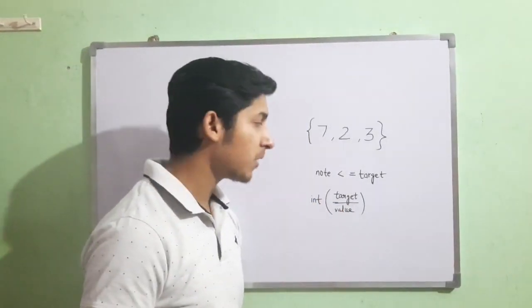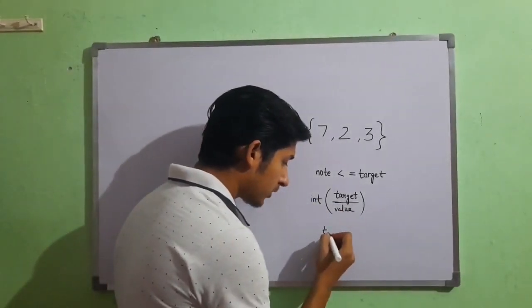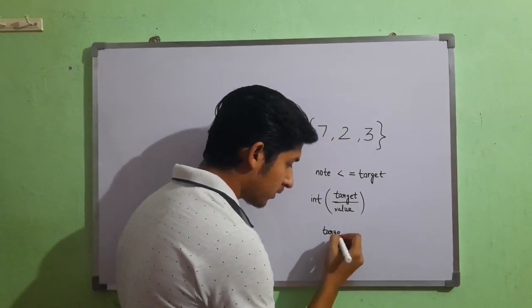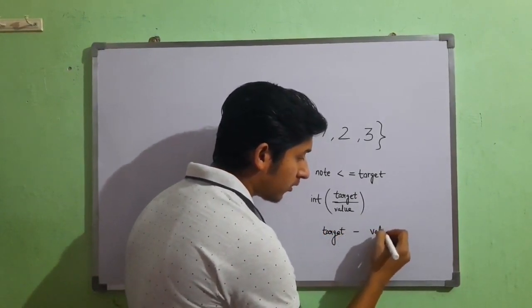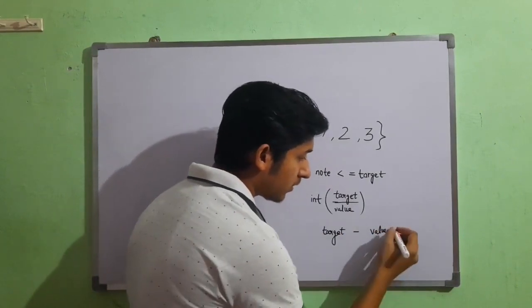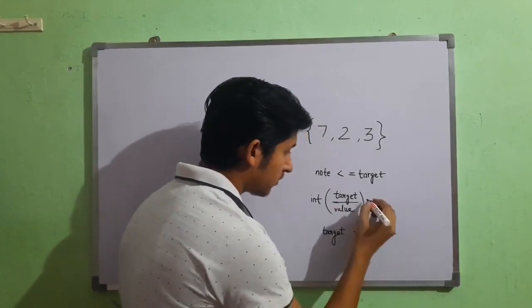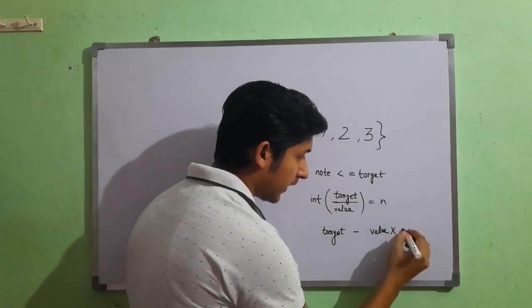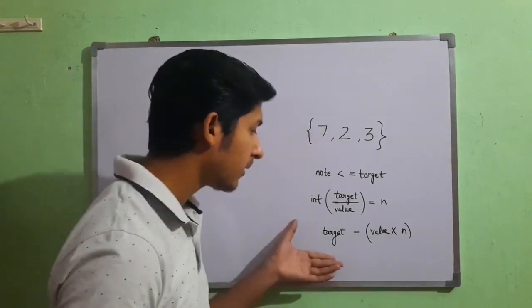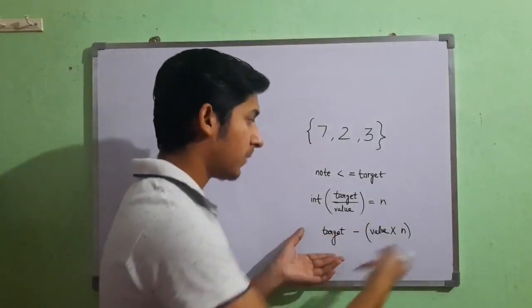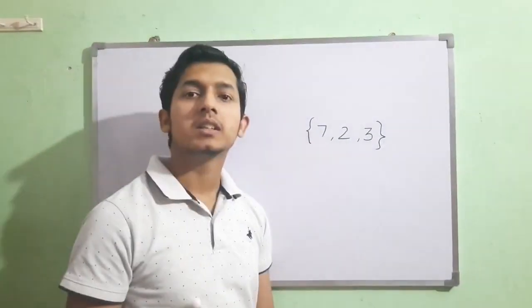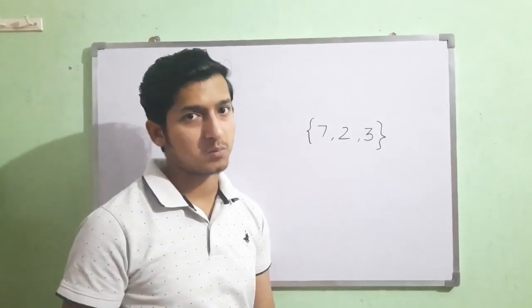For calculating the remaining amount, we will use the target value minus the value of this bill times this count. This will be our remaining target, and we will solve this again the same way. The greedy approach is for standard systems only.